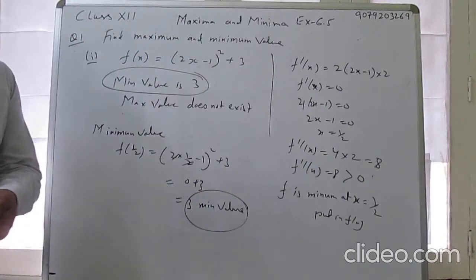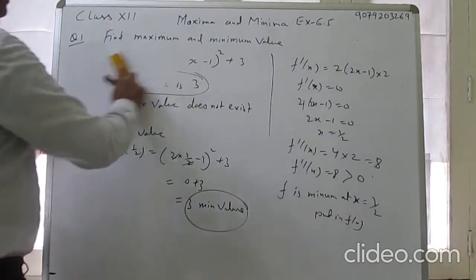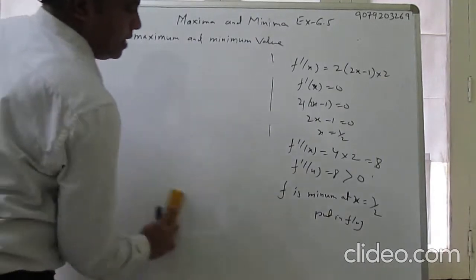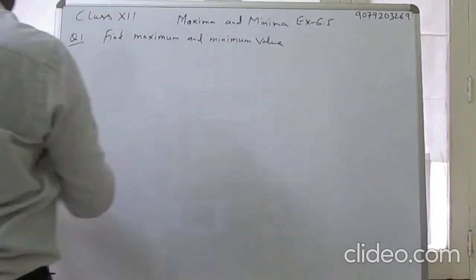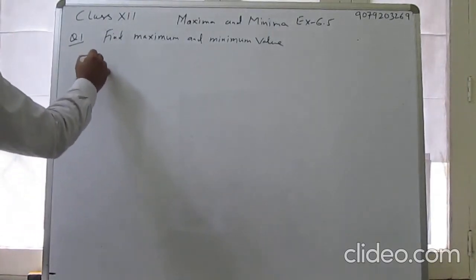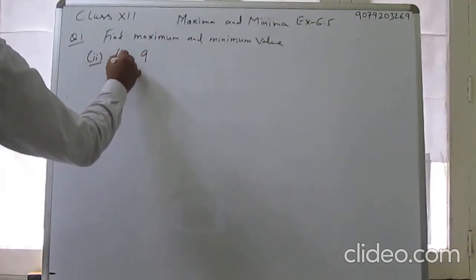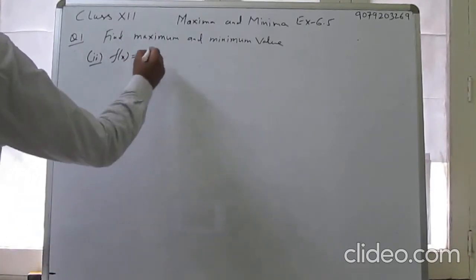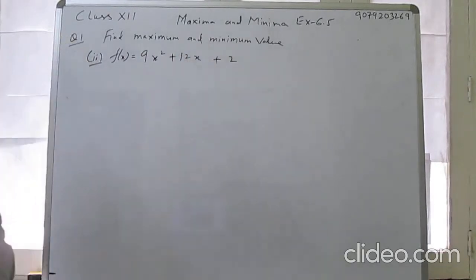One more question I will take. See the second part: f(x) is given to you, 9x square plus 12x plus 2.